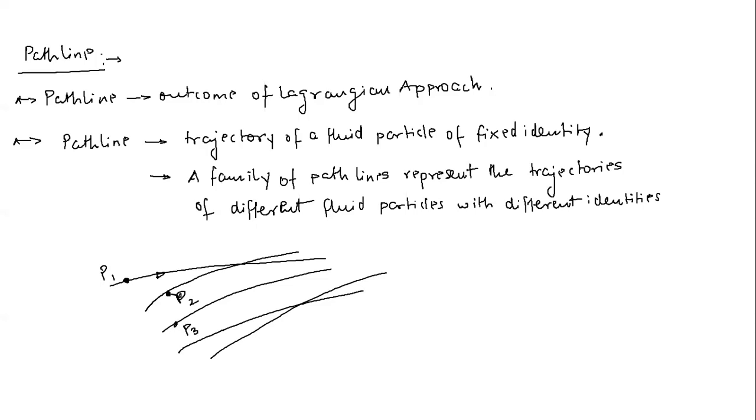Now they are tracing this path in the flow field. Correct? So this is called the path line. So now the locus of the family of lines which are representing the trajectory of a fluid particle of fixed identity represents the path lines. Correct. Now just tell me here, can a path line intersect?